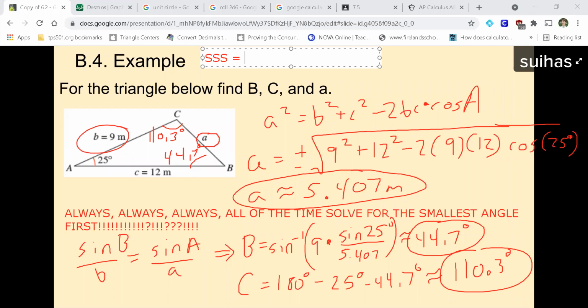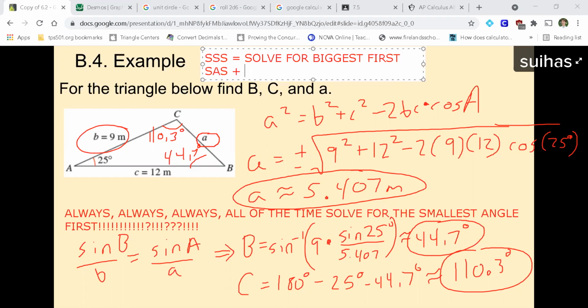All right, so for side, side, side, solve for biggest first. Side angle side, smallest first. How can you remember between those two? S is lighter in the alphabet than A. That's a nice little happy coincidence that hopefully can serve as a little memory trick.